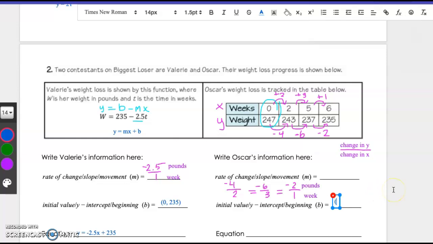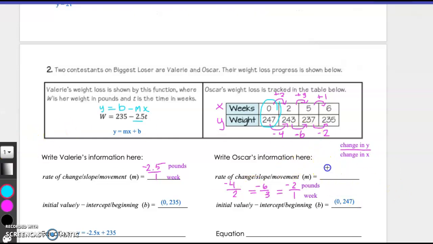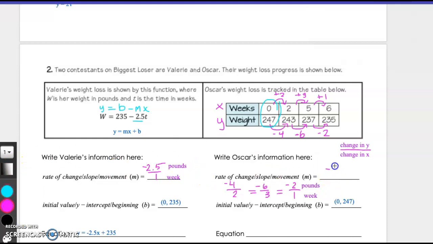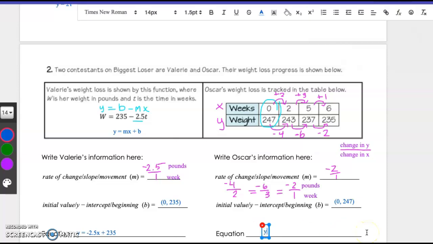Again, I like to write this as an ordered pair, so it tells me the entire story. This here, I'll just rewrite it. -2 over 1. Awesome. And then the equation is y equals m for movement, -2x, plus b, 247, is our beginning.